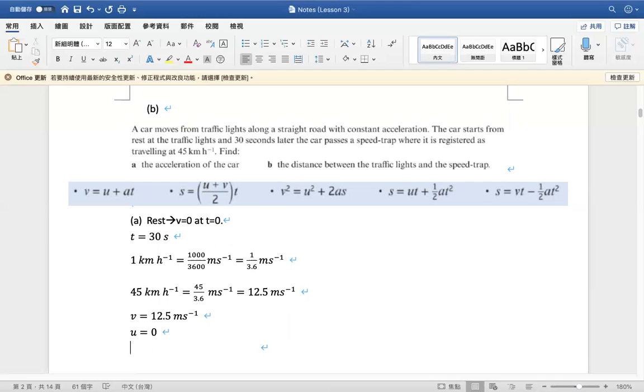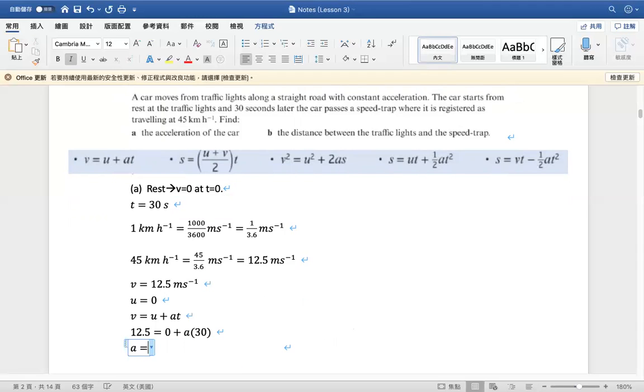Now I think the first equation should be the correct one, right? Because we have U, we have V, we also have T. So we can find A here. So V equals U plus AT. This is 12.5 equals 0 plus A, where A is the acceleration, and T is the time, which is 30 seconds.